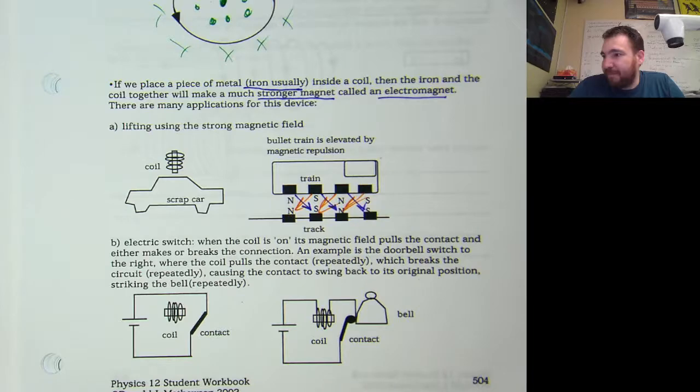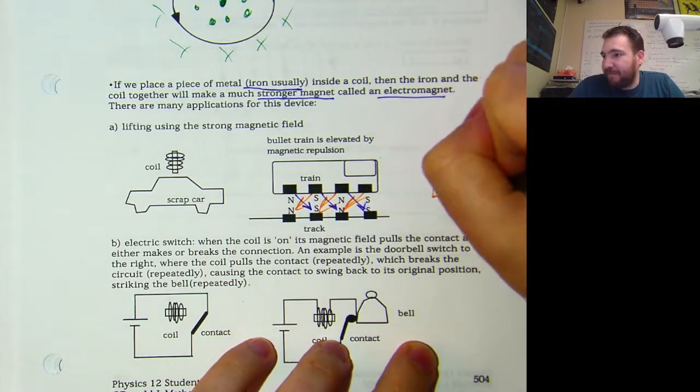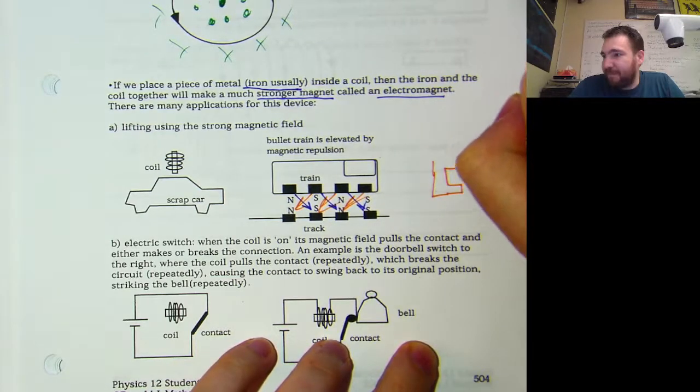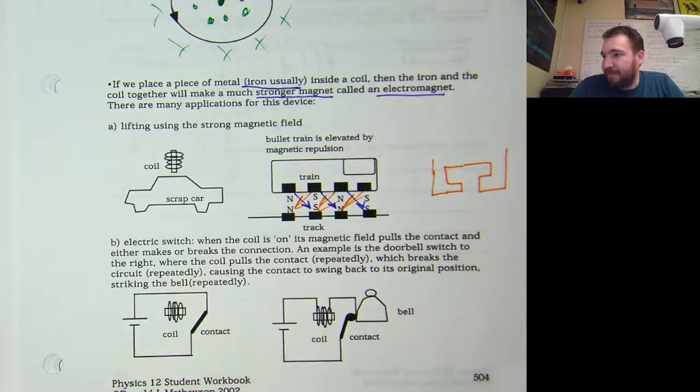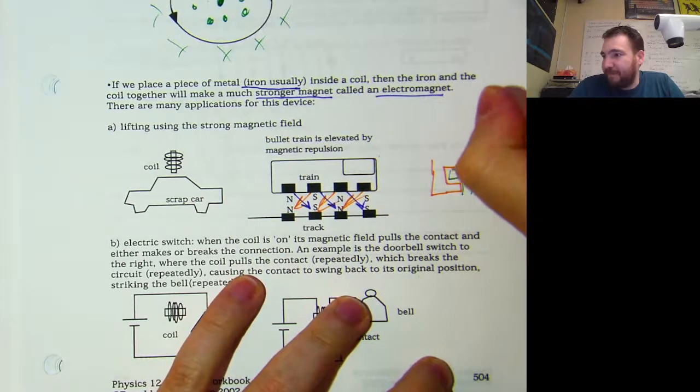Well, it's not bad. The way the trains are designed is your train car looks like this on the bottom. And the rail looks like this. How do they stay on the track?